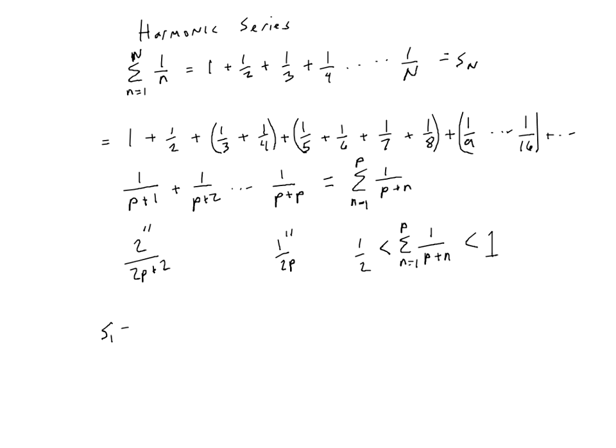So for example, S1 is equal to 1. You can see that there. S2 is equal to 3/2. S3 is equal to the 1.5, and then you're adding no more than 1/2 because of these two.